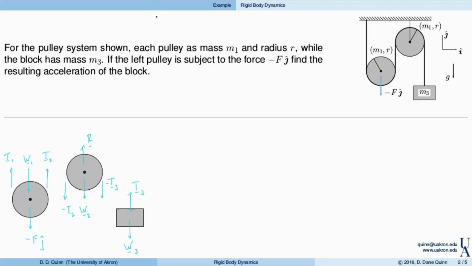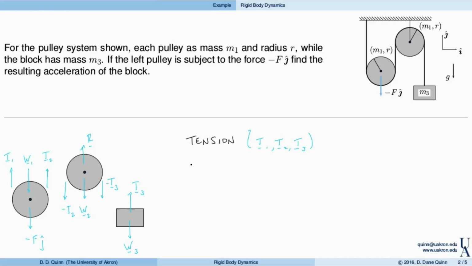So again, the forces arise from the tension in the cable, and that's T1, T2, and T3.